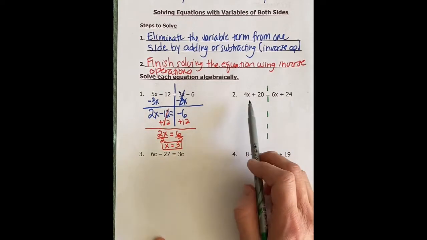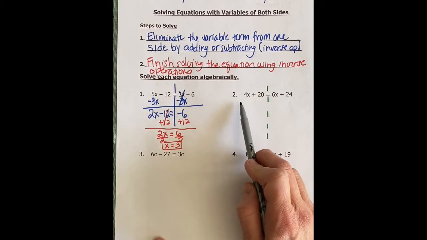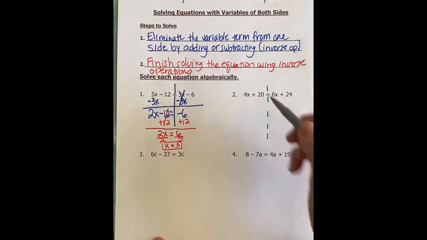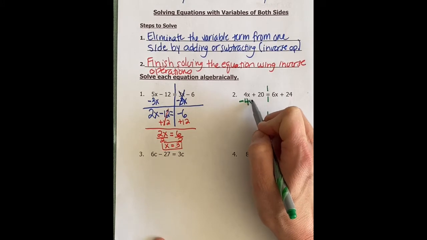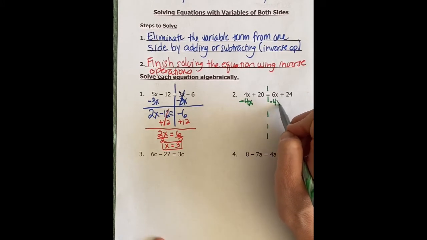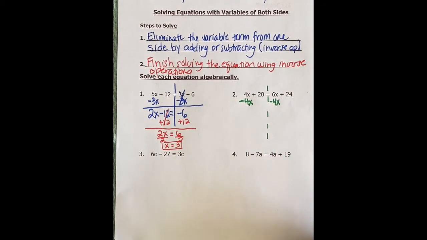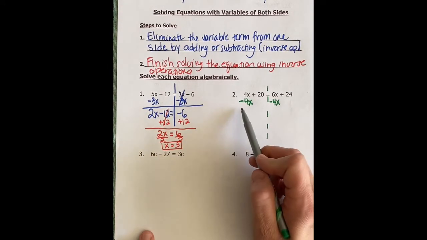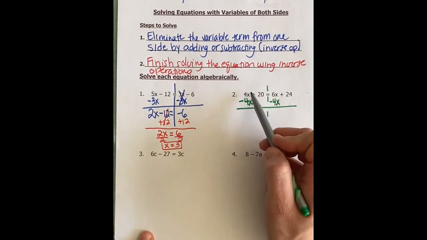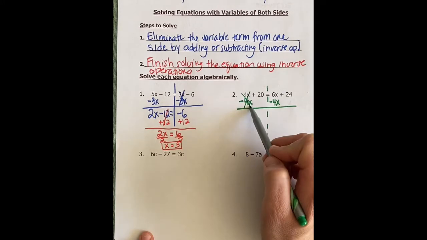So since 4x is smaller than 6x, I'm going to take away that 4x. And if I do it on the left side, I have to do it on the right side. And it gets taken away from the 6x because that is where the x is. So now 4x minus 4x is gone.